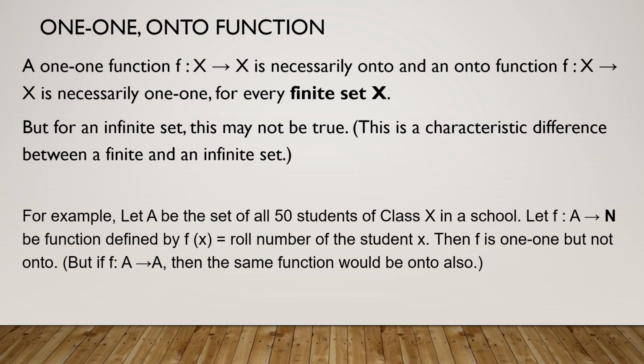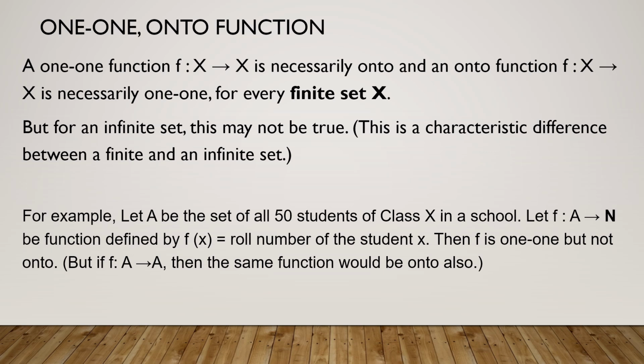Why? Because f is defined from A to N. If I take the natural number 200, then there might not be any student in the domain having the roll number 200. So it is not onto.